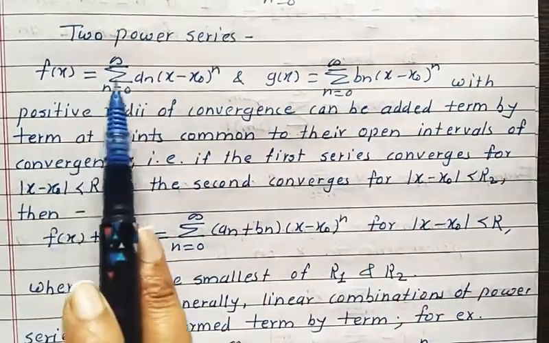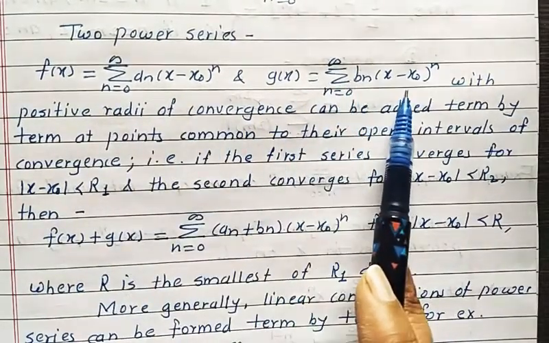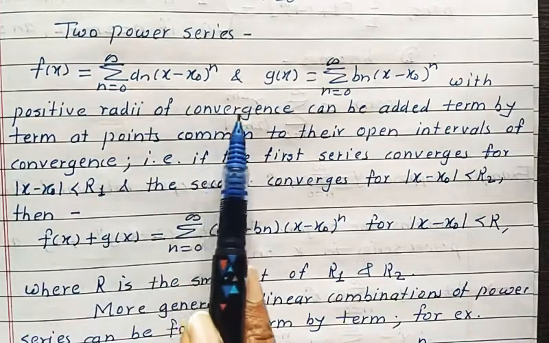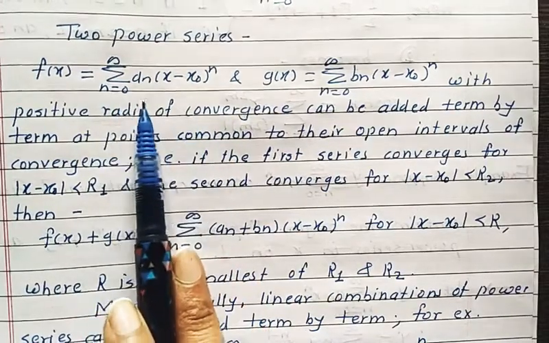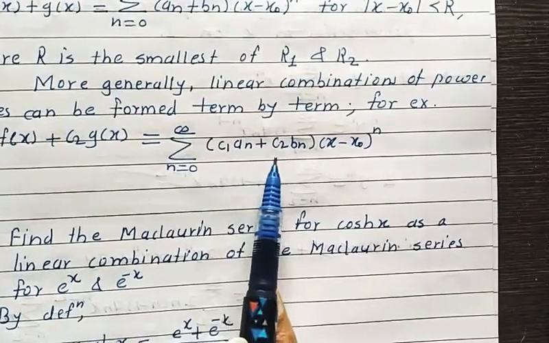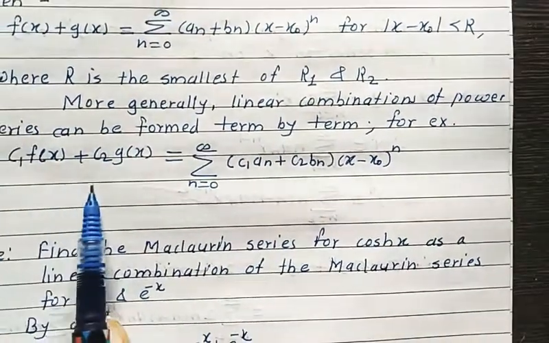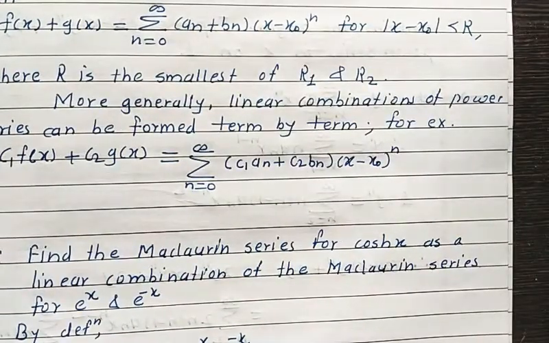So C1 multiplies f(x), C2 multiplies g(x), then we can take (x minus x naught) raised to n common, and what remains is C1 a_n plus C2 b_n. So this is the linear combination of two power series f(x) and g(x).